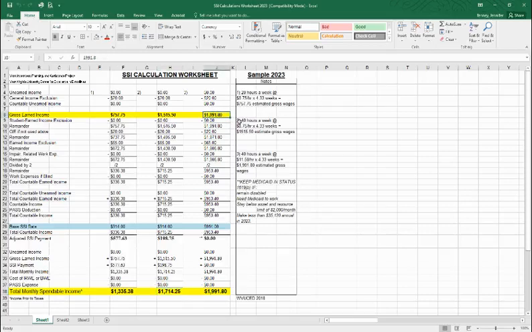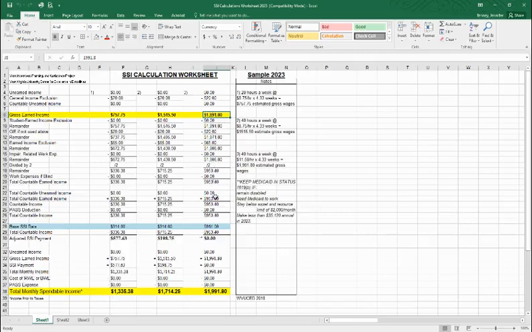So, if you worked 40 hours a week and made $11.50 an hour, you would make about $1,991.80 at your job.